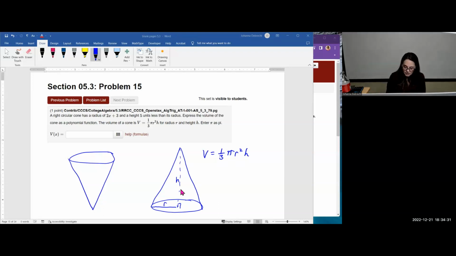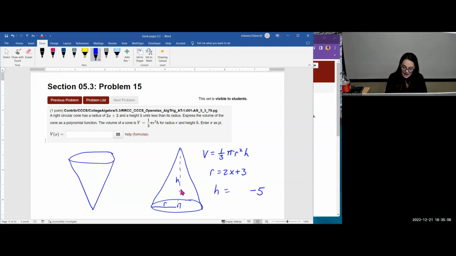So in this case, we have a right circular cone that has a radius of 2x plus 3, so r equals 2x plus 3, and a height 5 units less than its radius. Now we need to interpret the words less than. Less than reverses the order. So when it says 5 units less than, the height is equal to something minus 5.